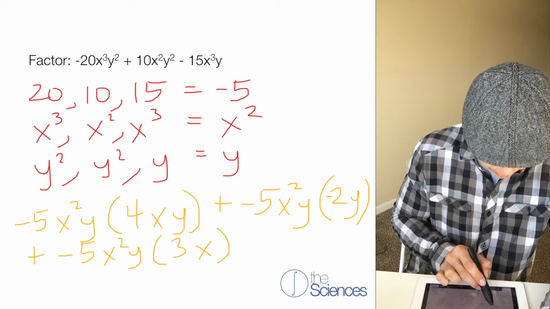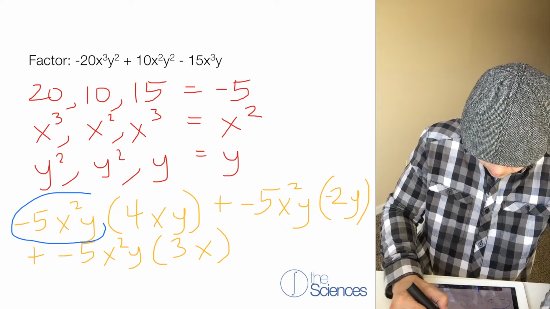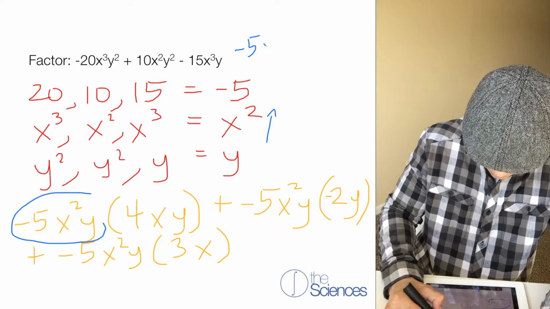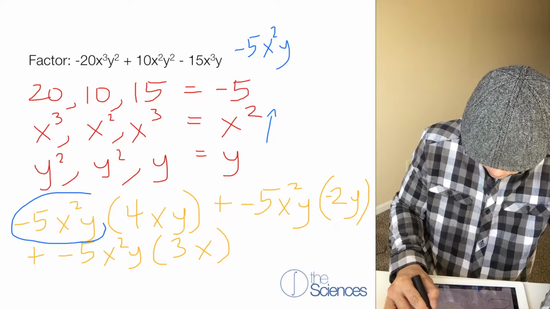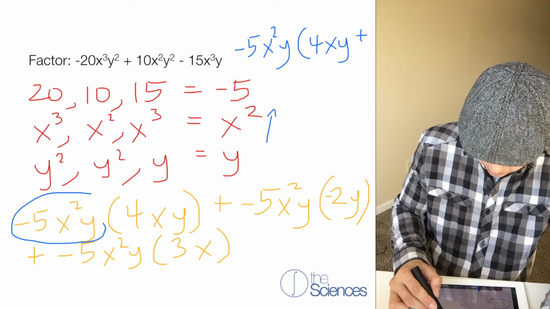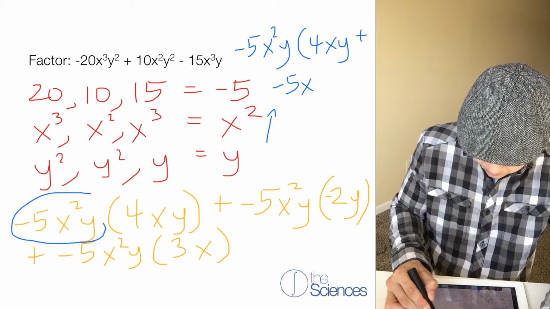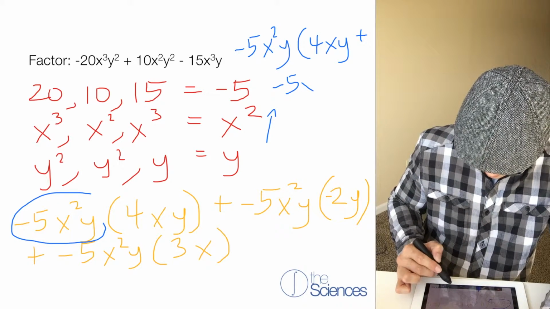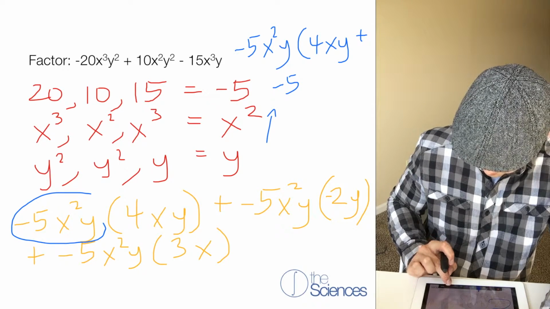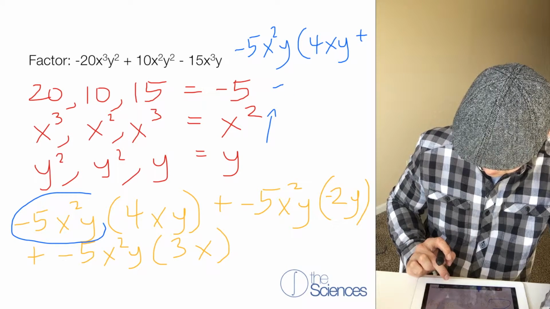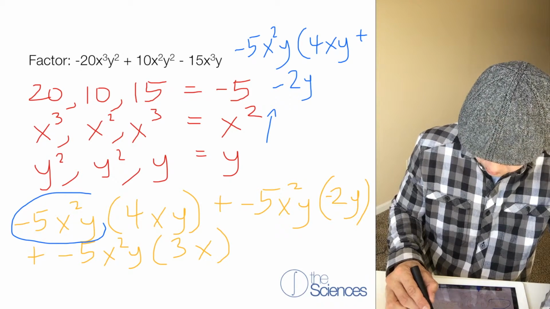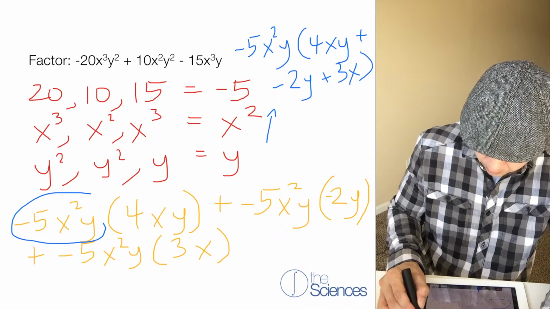Now we can factor out our negative 5x squared y times 4xy plus negative 2y plus 3x. So that's our answer.